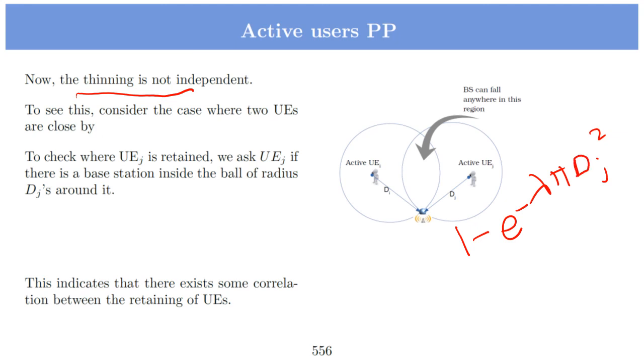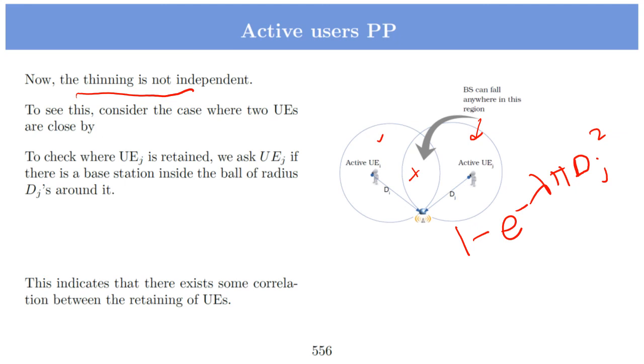But once UE i is there and active, having a base station in this ball is not sufficient, right? For example, what if there is a base station here, only one base station, and there is no base station here?